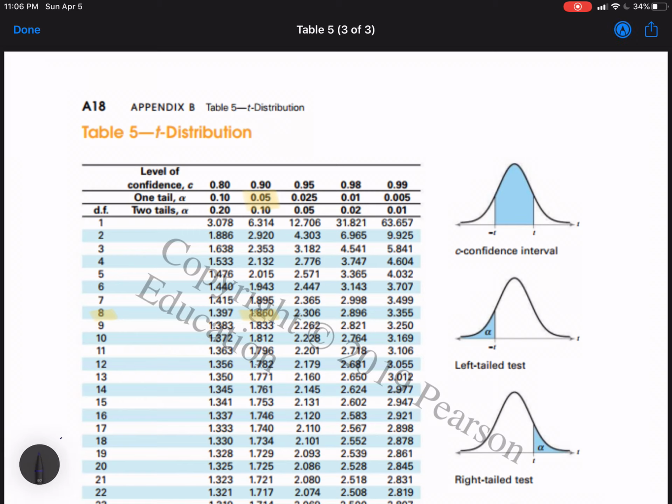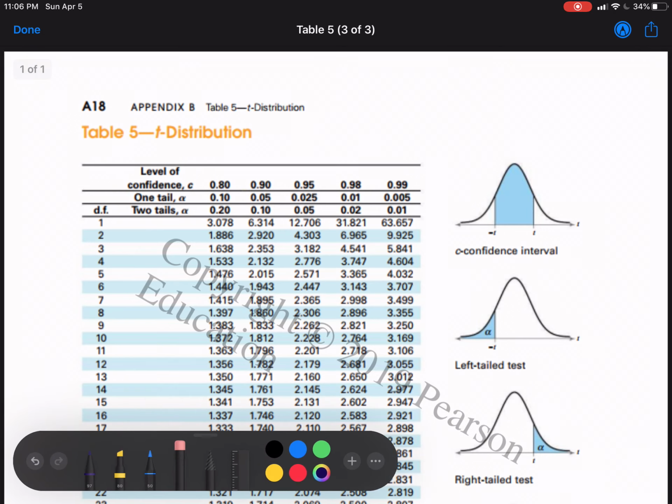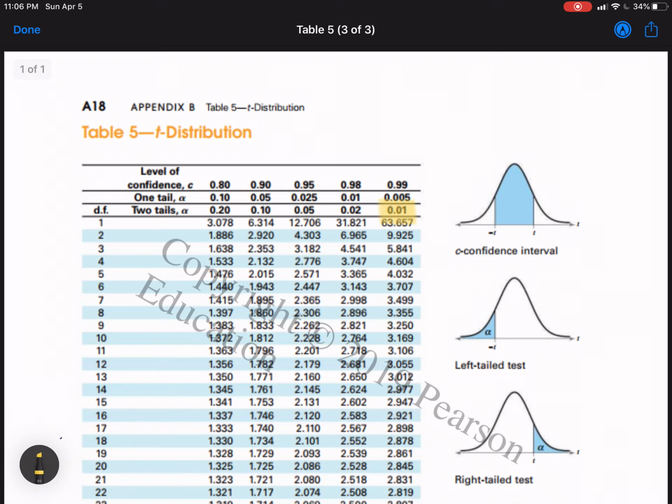All right, so two-tailed means we're looking at this next row. So two-tailed for 0.01. So we're looking at this far right column. And our degrees of freedom was 15. So if we line those up, that means that our critical value is 2.947.